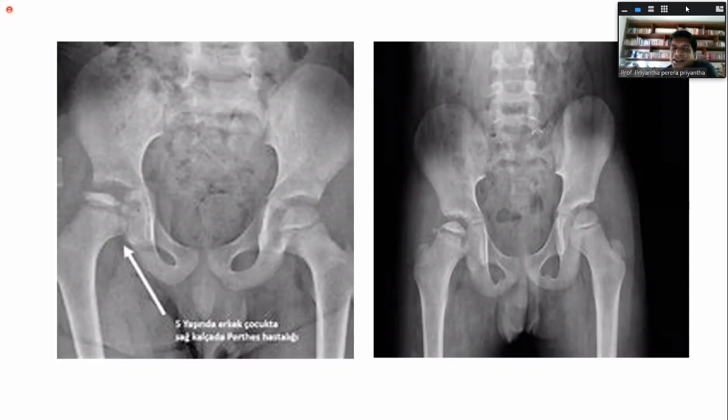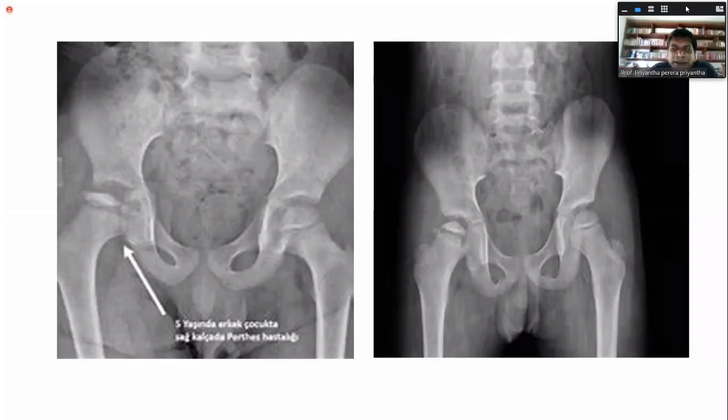That is transient synovitis. Perthes disease commonly occurs between 4 to 10 years of age, and slipped upper femoral epiphysis occurs around 12 and above, in the adolescent period, and generally in obese children.